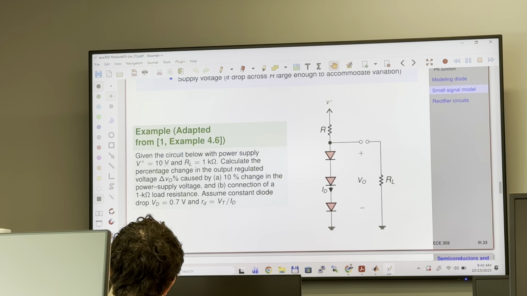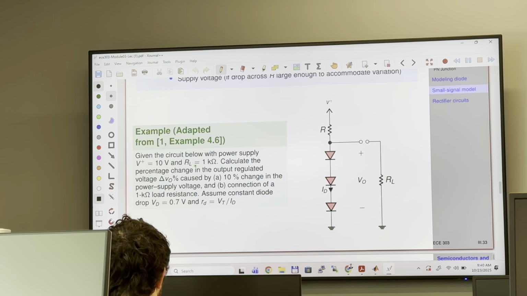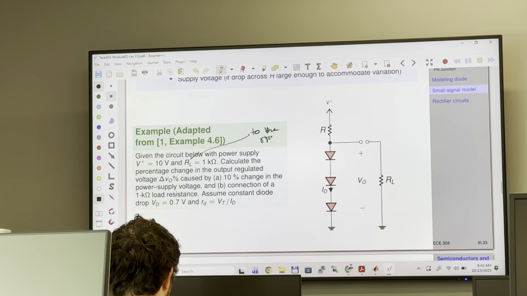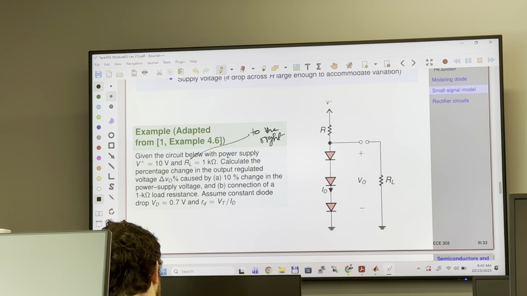Here, given the circuit to the right, with the power supply, the DC voltage is 10 volt. RL is 1K.